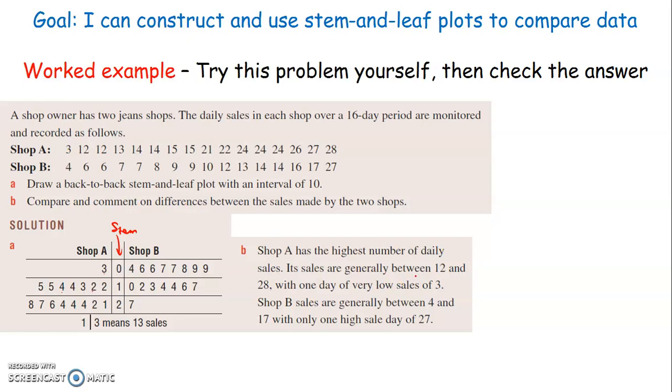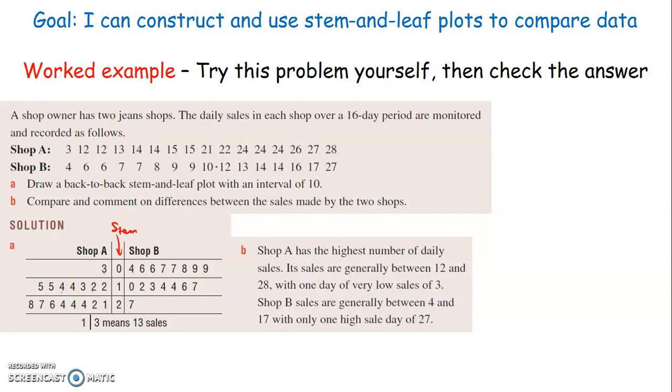We can also compare the general amount of sales here. So shop A, its sales are generally between 12 and 28, with 1 day of very low sales of 3. Shop B sales are generally between 4 and 17, with only 1 high sale day of 27. Okay, so shop B, the majority of the sales are in the 1s and the 10s.